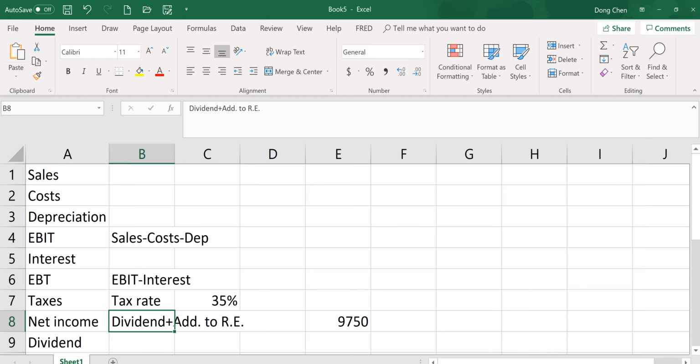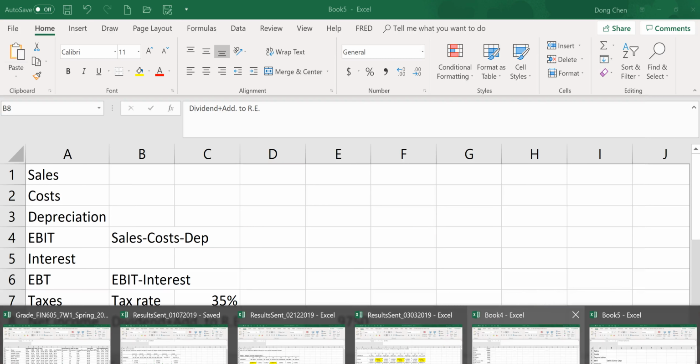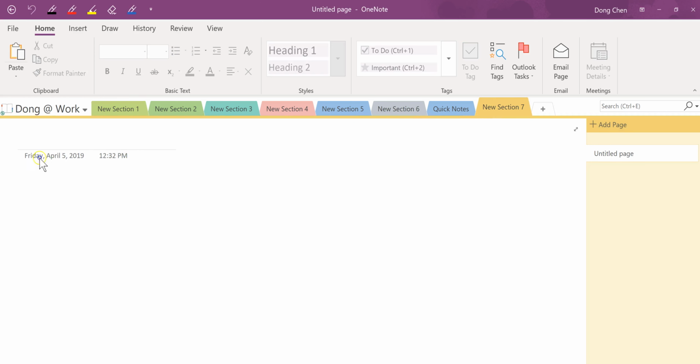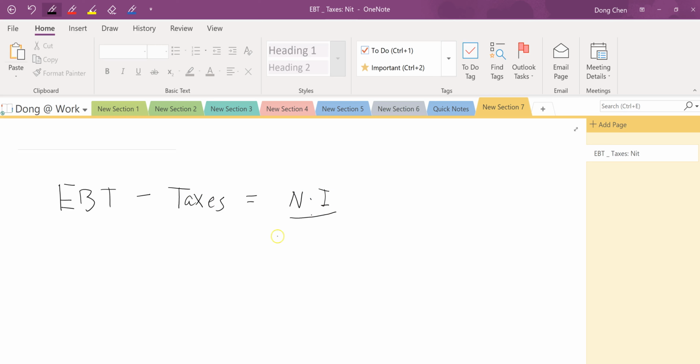And we know that EBT, as we said, taxable income, minus taxes equals net income. And net income here is known. These two seem to be unknown, but they have a relationship. What's their relationship?